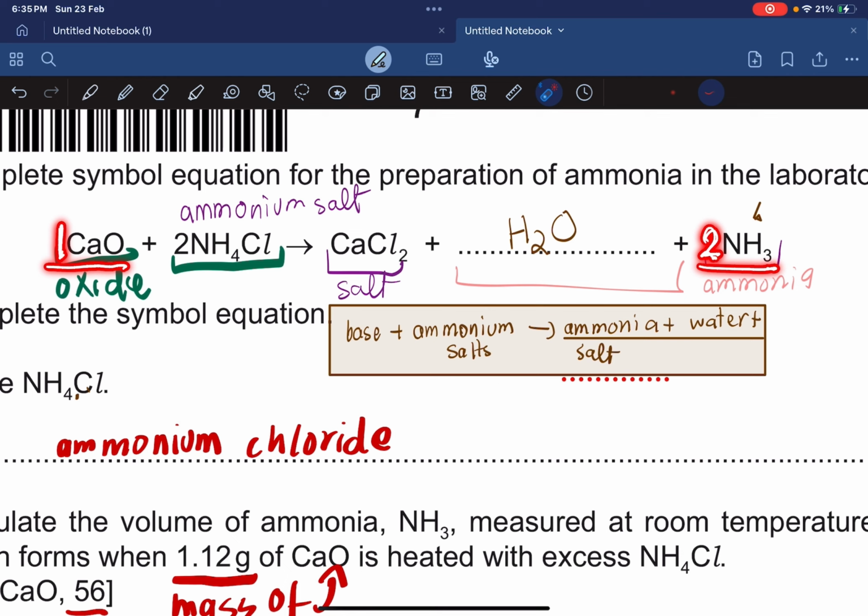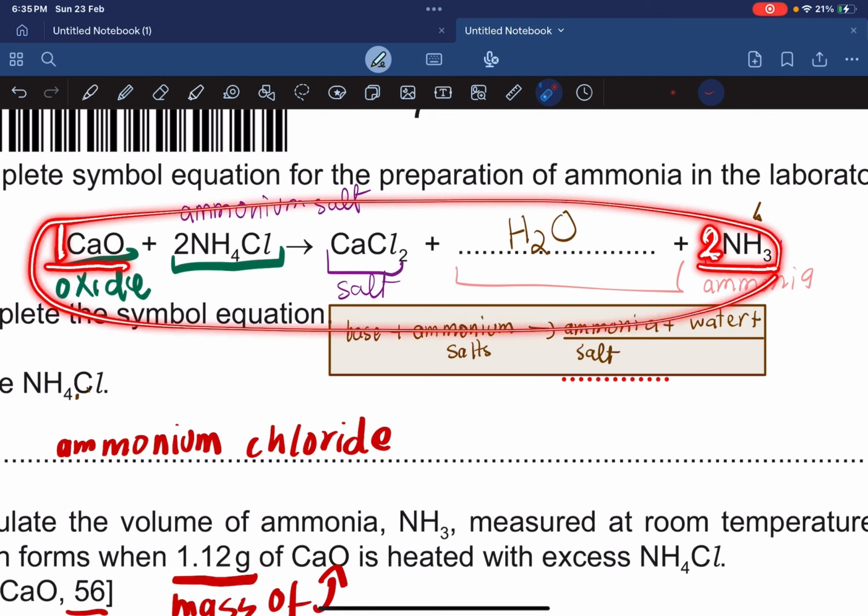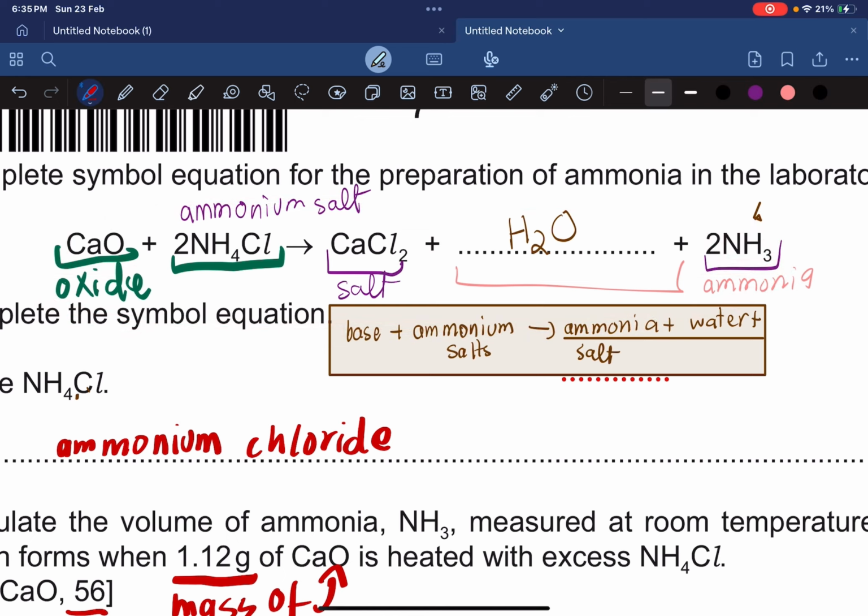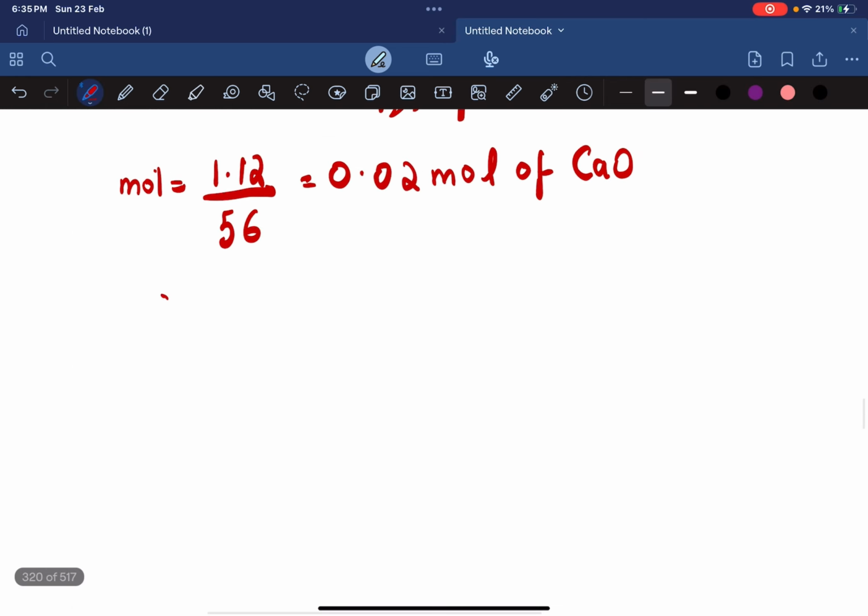Because the ratio is given in the equation provided in the question. So I know that my CaO to ammonia NH3 ratio is 1:2. That calcium oxide to ammonia ratio is 1:2.